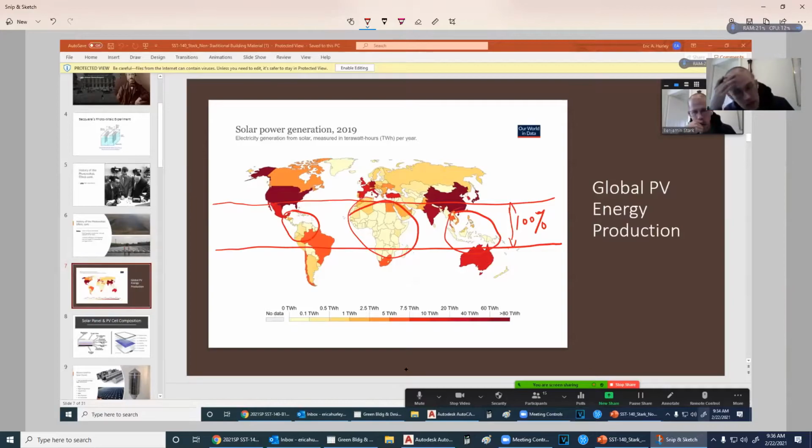I imagine a lot of that's due to economics. I mean, there'd be a ton of factors. A lot of that land is in the tropical zone, so you'd have to clear forests to make space for panels, and then the GDP of a lot of the countries in that area is pretty low.